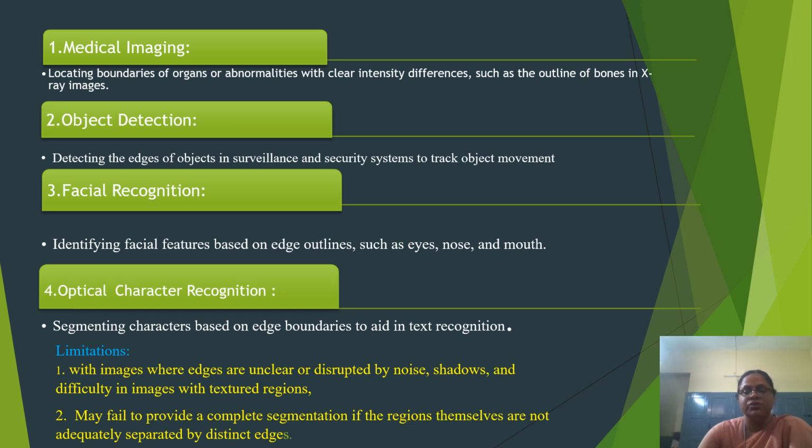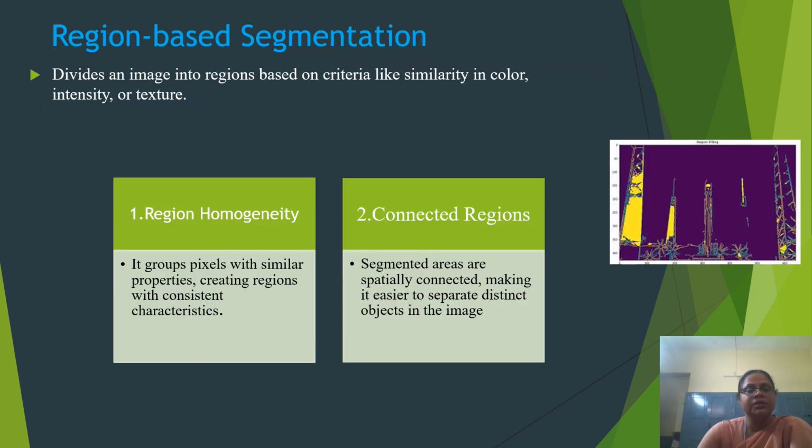Region-based segmentation divides an image into regions based on criteria like similarity in color, intensity, or texture.